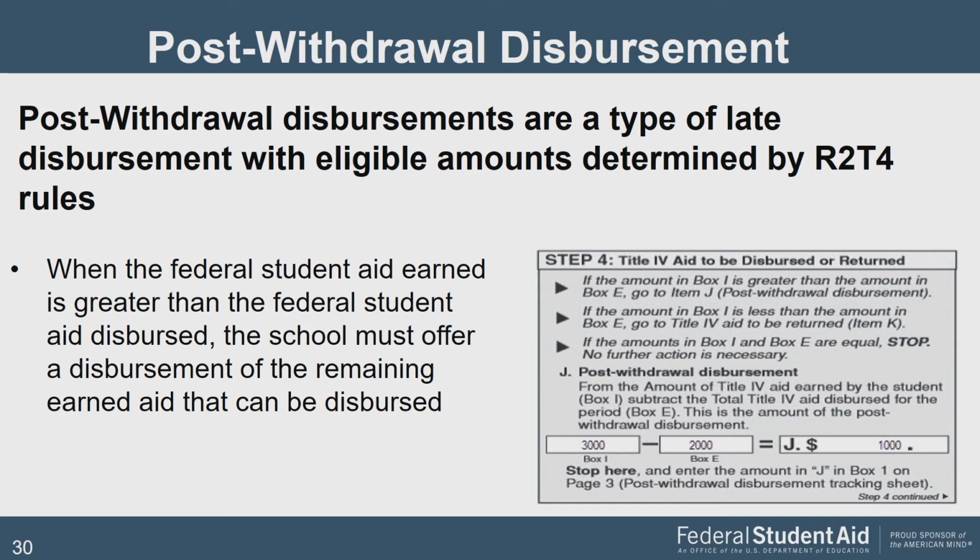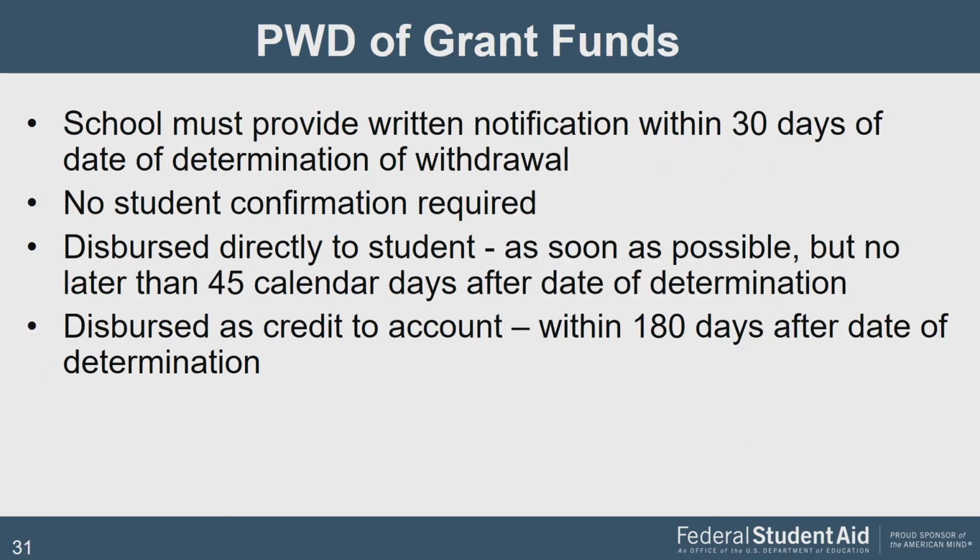And of course, if that's the case, you will go ahead and go through the regular process of notifying the student to make those disbursements. You will provide written notification within 30 days of the date of determination of withdrawal. And this falls in line with the regular R2T4 deadline dates. Okay, these are the same rules that apply to regular R2T4.